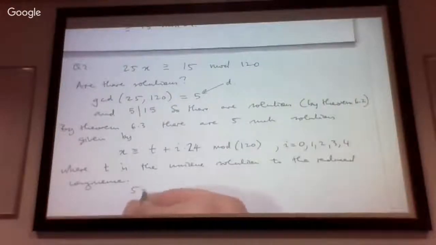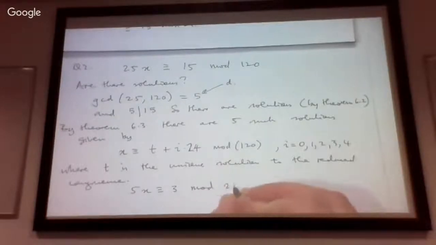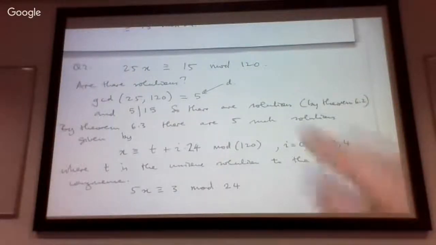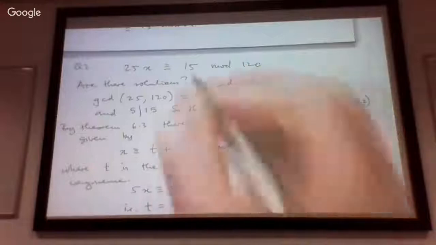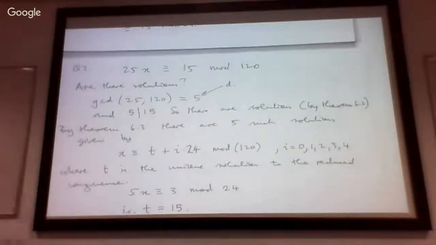So that's 5x congruent to 3 modulo 24, which by miracle is the previous one we just solved, isn't it? So T is equal to 15.